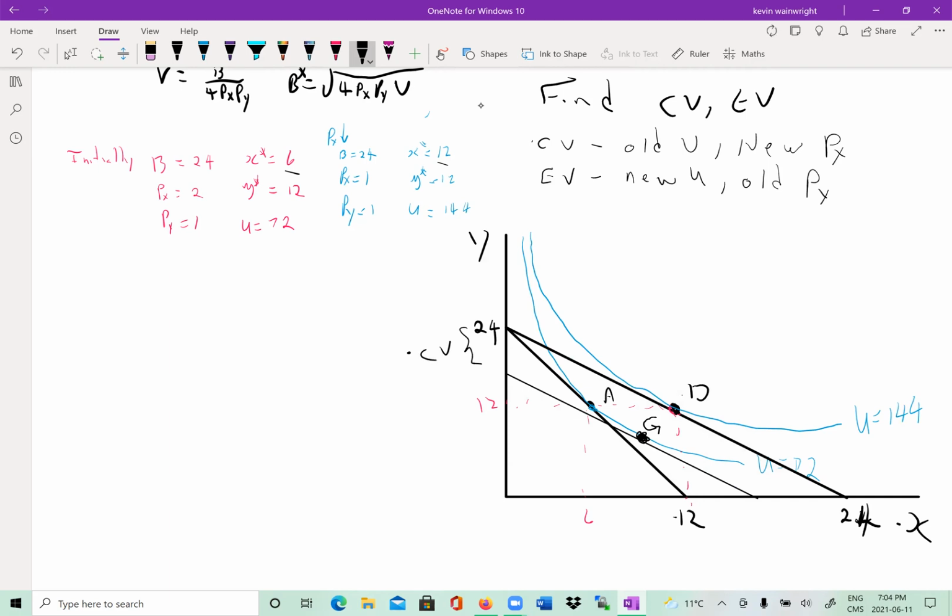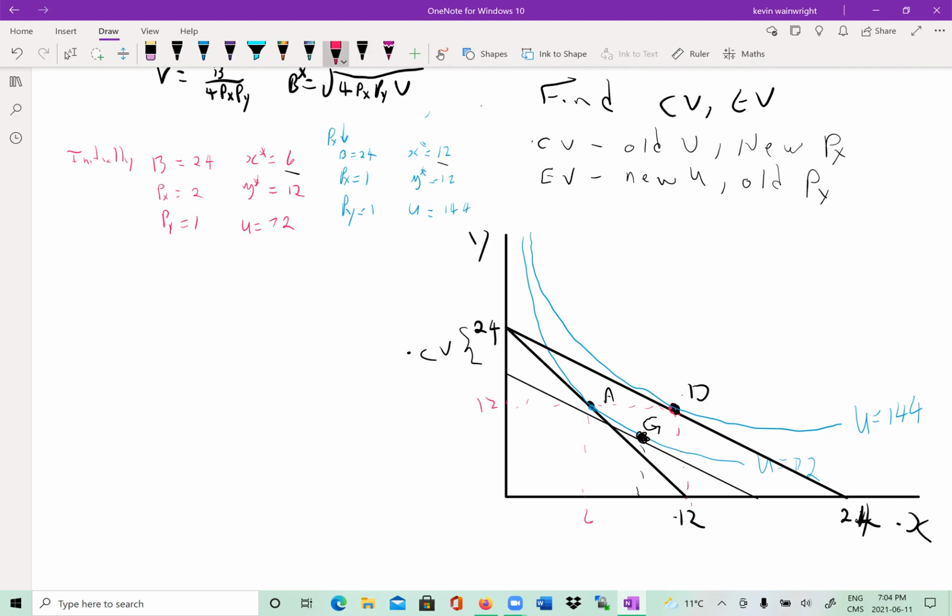That's my CV. So in order for me to get to point G, I had to take away income. So what is the budget I need to be at point G?